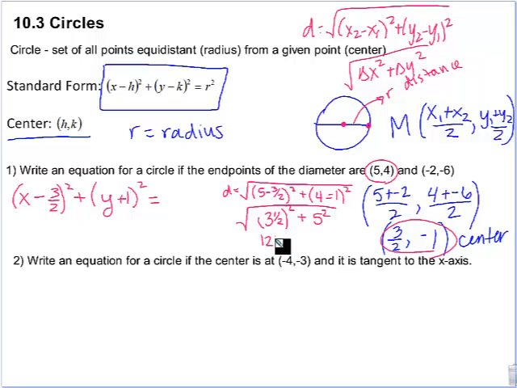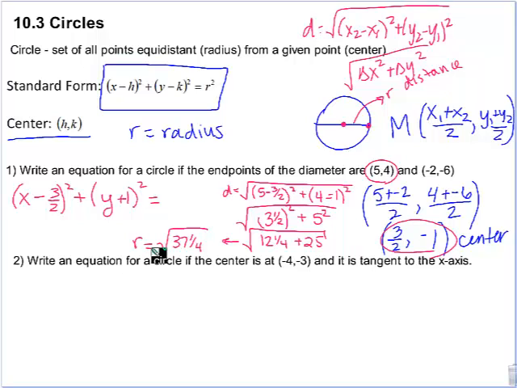So 12 1/4 plus, what's 5 squared? 25. Okay, what's 12 1/4 plus 25? 37 1/4. So our radius is the square root of 37 1/4.